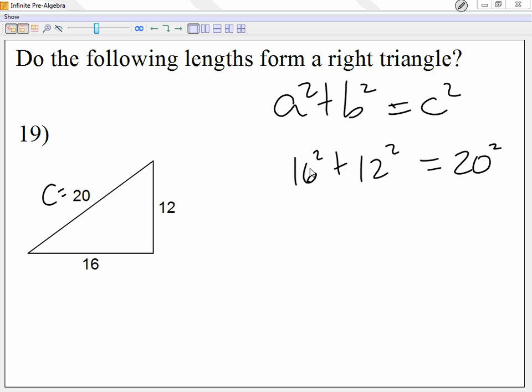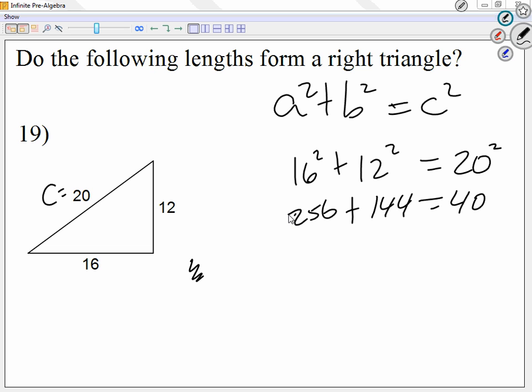So 16 squared, 16 times 16, I get 256. And I know what 12 squared is. So we have 256 plus 144 is equal to 400. Right, 12 times 12 gave me 144. 20 times 20 gave me 400. Then I'm going to simplify the left side. 256 plus 144 happens to be 400.